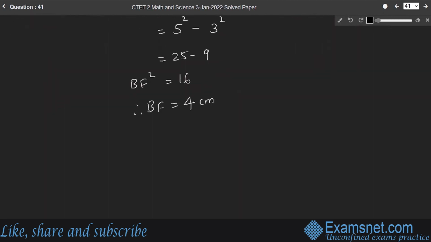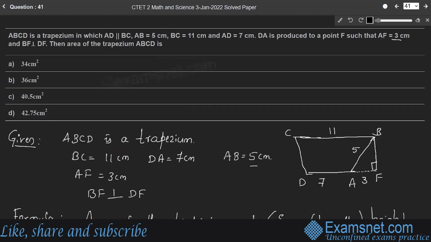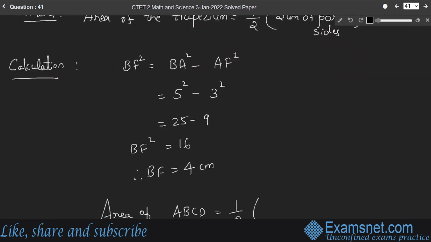Then area of the trapezium ABCD is equal to half into sum of parallel sides. Parallel sides: BC is 11, AD is 7. So 11 plus 7 into height, which is 4 centimeter.